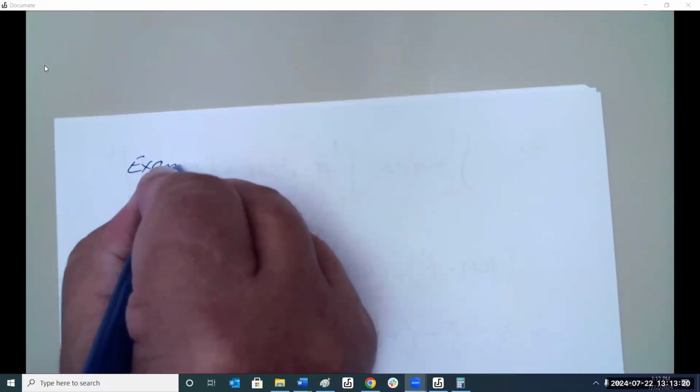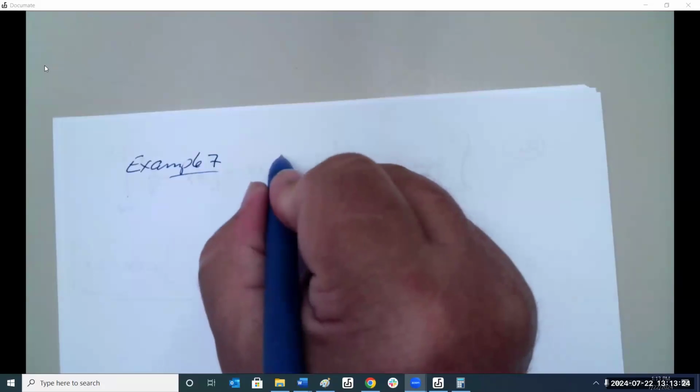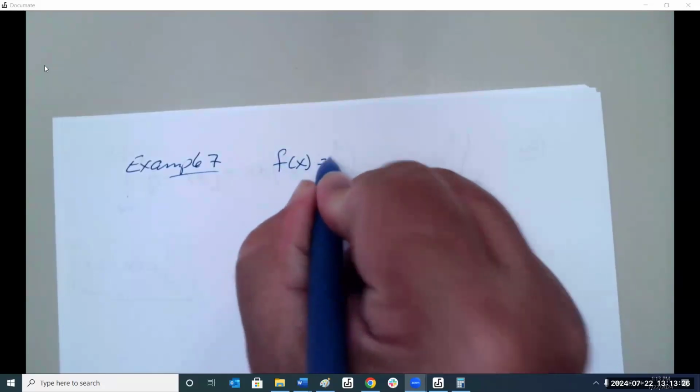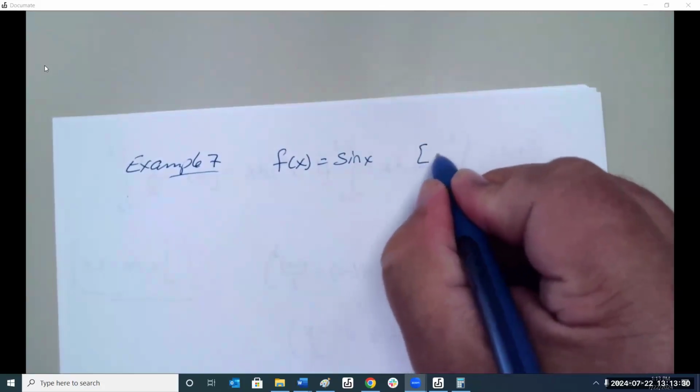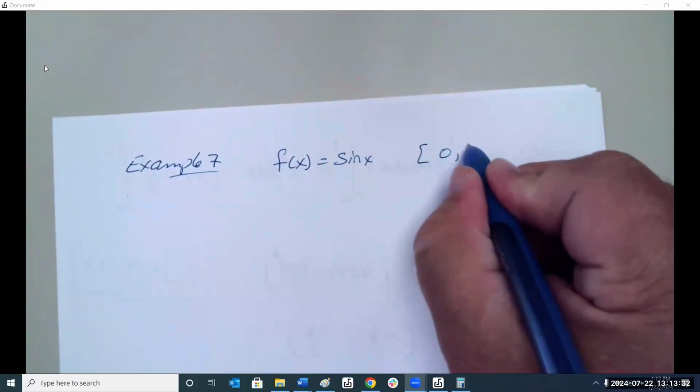Same type of concept, but let's look at example 7. Show the function f of x equals sine x on the closed interval 0 to 2 pi.